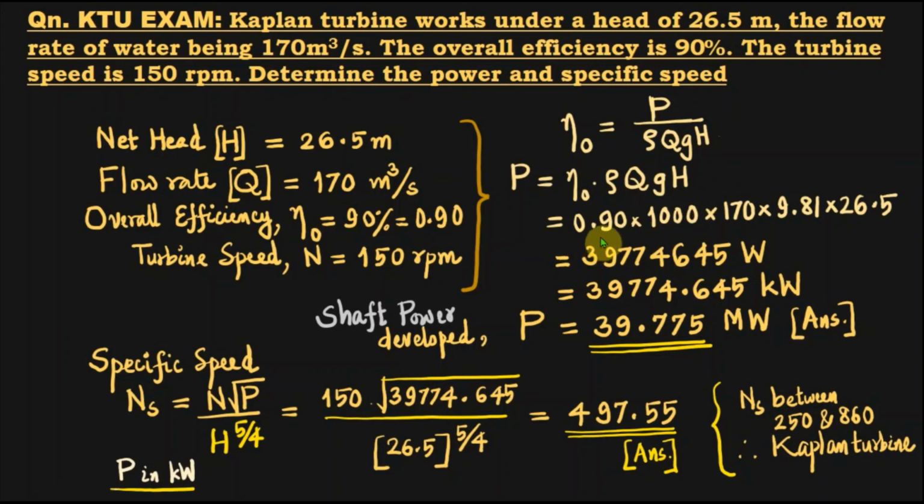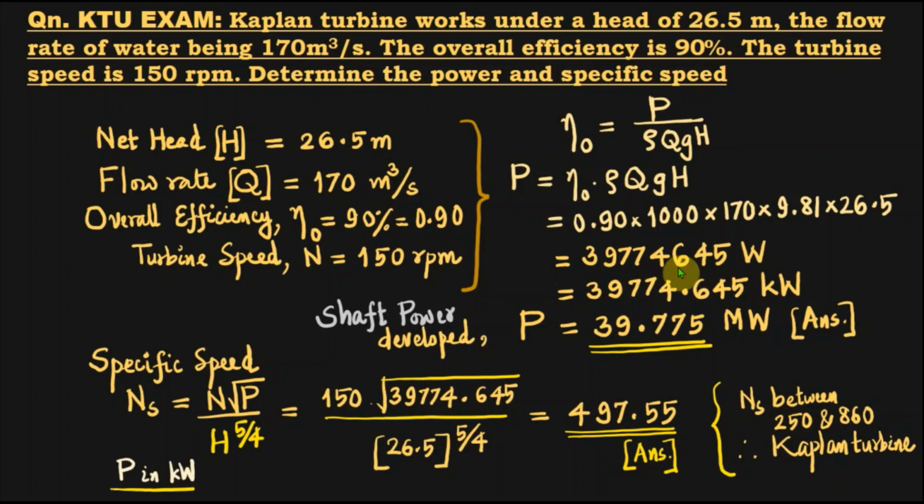That is 0.9, the overall efficiency, 1000 kilogram per meter cube, the density of water, and the discharge Q 170 meter cube per second. g is the gravitational acceleration 9.81 meter per second squared, and the net head H 26.5 meters. If you take the product, you will get shaft power equal to 3 crores 97 lakhs 74,645 watts. That is more than 39 million.